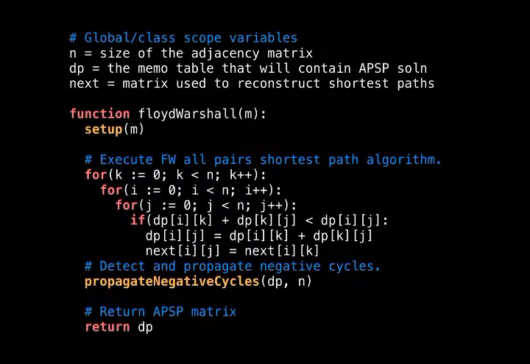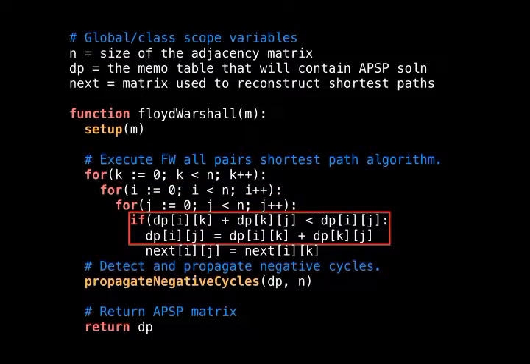Now we're back inside the Floyd-Warshall function. In here, after the setup, loop over k on the exterior loop. It's important that k is on the exterior loop since we want to gradually build up the best solutions for k=0, then k=1, then k=2, and so on. Followed by this, loop over all pairs of nodes i and j.